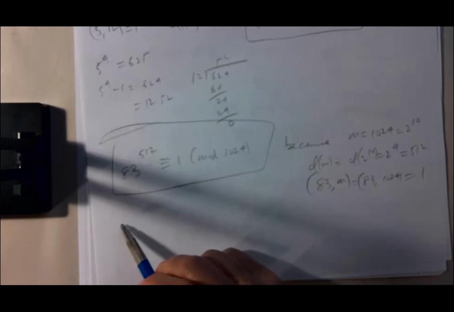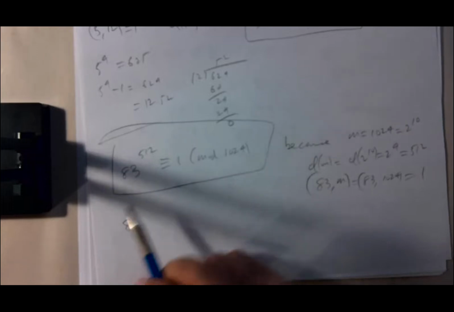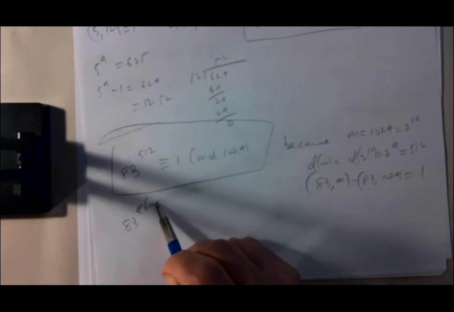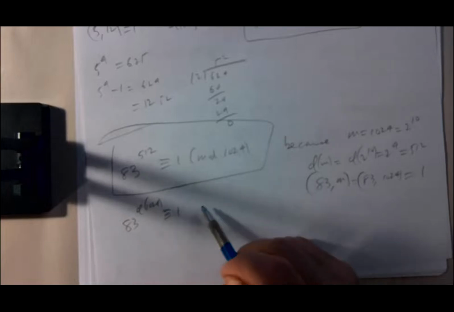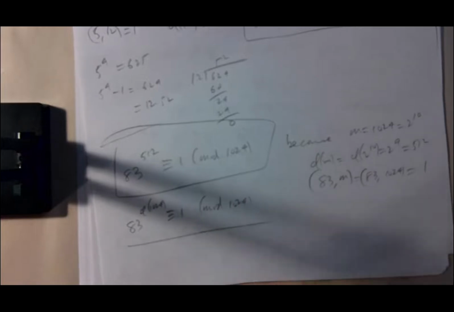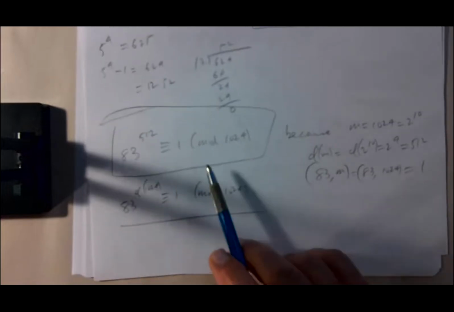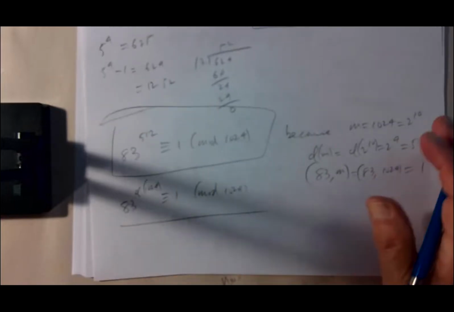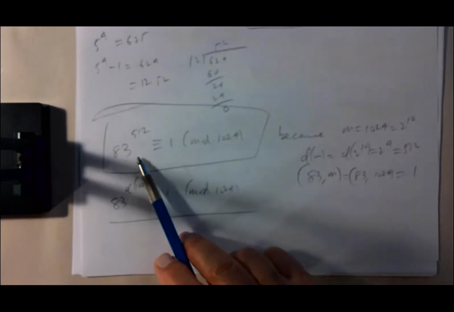So this is simply saying that 83 to the phi of 1024 is congruent to 1 mod 1024. So we know this is true, even though we can't write this out.